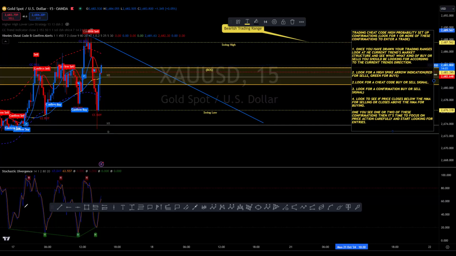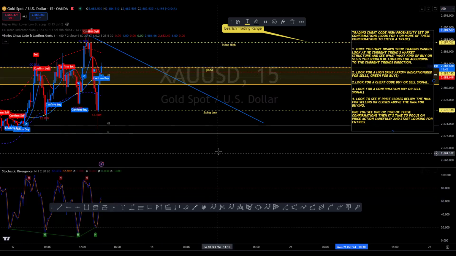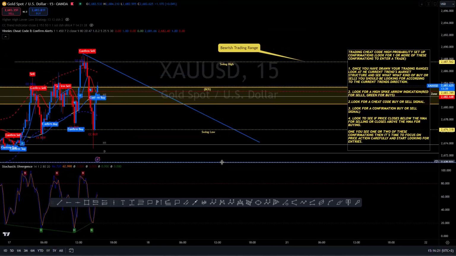So for now, I'm going to really look for, we got another confirmation buy. The price is closing above this previous breaker structure. So if that's the case, then I might consider looking for an overall buy, possibly. But we'll have to keep in mind that price could push down and go further down for a sell.